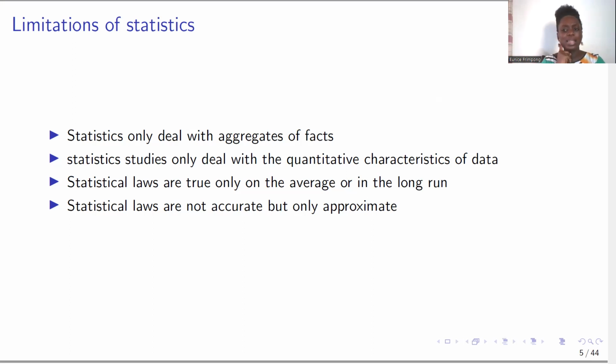And then we're also saying that physical laws are not accurate, they are only approximate. And there's a reason why it is so. It's because usually when you are doing a study, you use a portion of the entire group you are studying. Generally, that's what happens because most of the time it's difficult to get information from the entire group. So you are left with trying to get a good representative of the entire group, a portion of them.